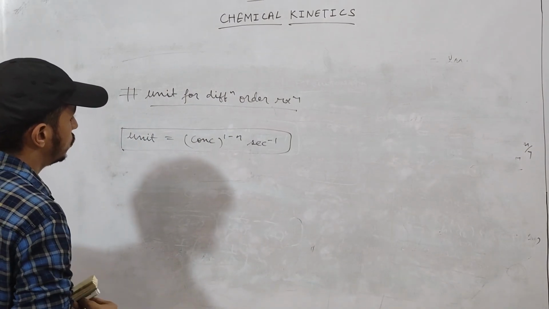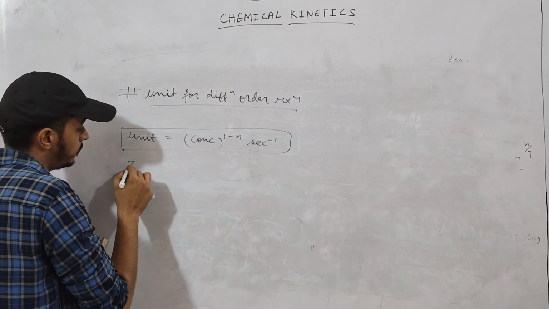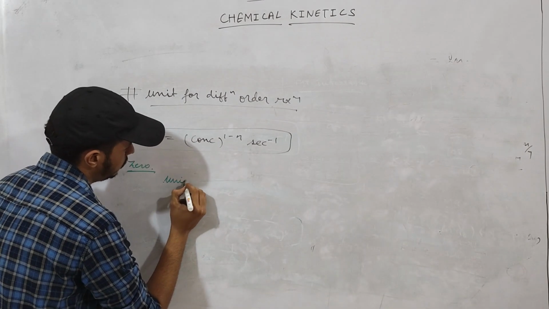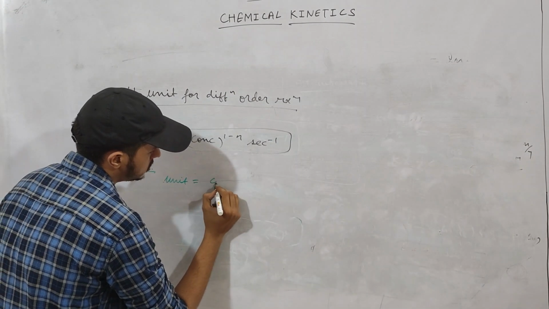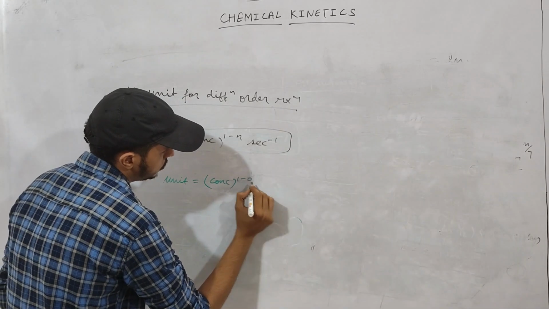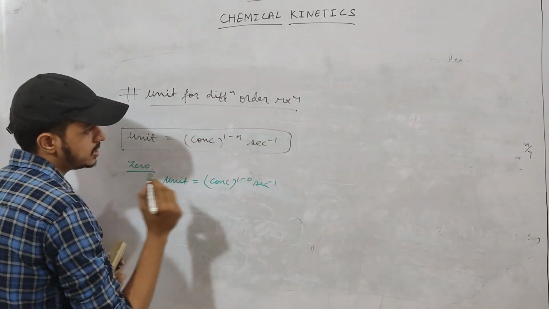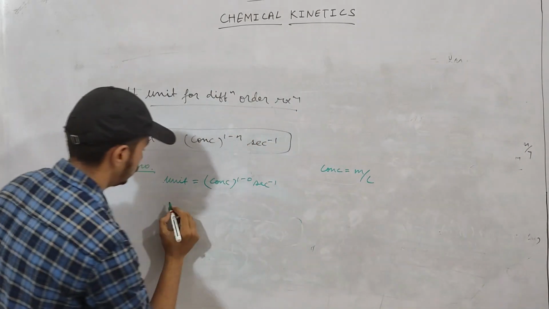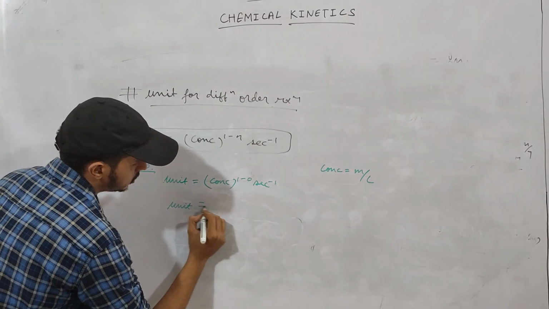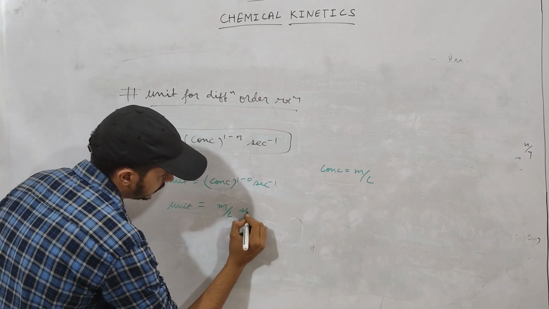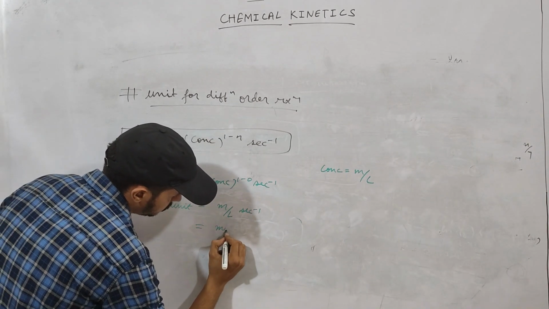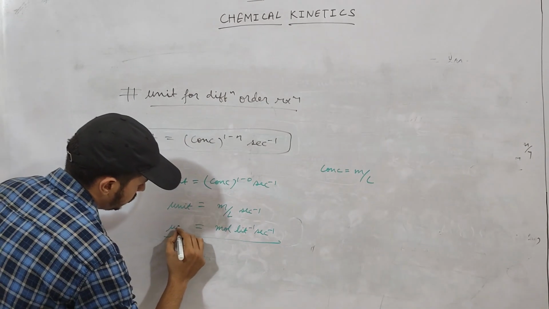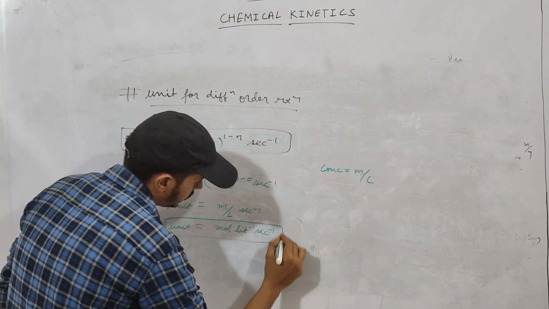For the zero order we put n equal to 0: concentration to the power 1 minus 0, second inverse. Concentration can be written in the form of mole upon liter, so the unit will be mole upon liter second inverse. Further, it will be mole liter inverse second inverse. So this is the unit for a zero order reaction.